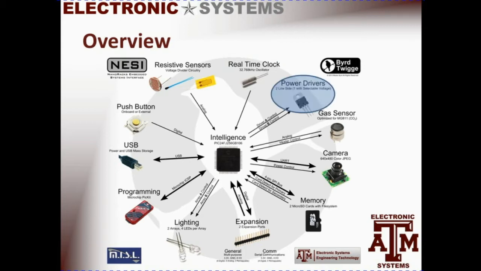Power driver subsystem is provided to power higher current devices, such as motors. The gas sensor is used to sense the amount of CO2 in an environment. The camera can be used to take JPEG photos at a resolution of 640 by 480 and communicates over UART.